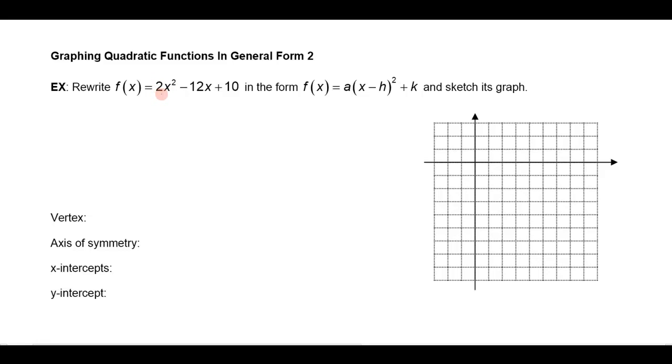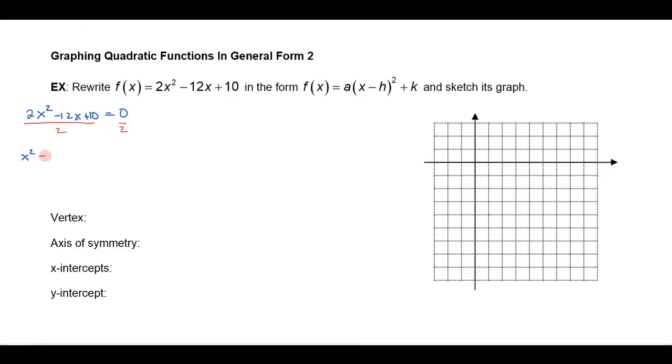So remember, when we complete the square, the leading coefficient has to be 1. And when we were solving quadratic equations like 2x squared minus 12x plus 10 equals 0, the way that we made the leading coefficient 1 was we divided both sides by 2. And then I would complete the square on what was left.